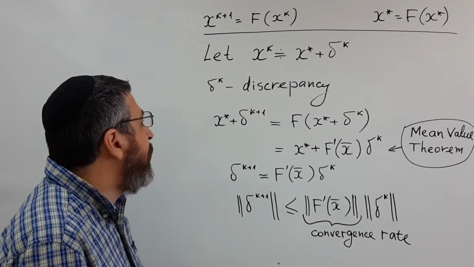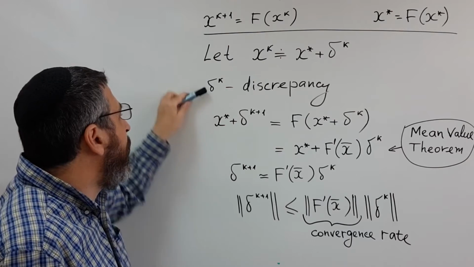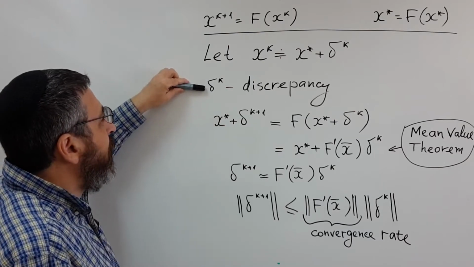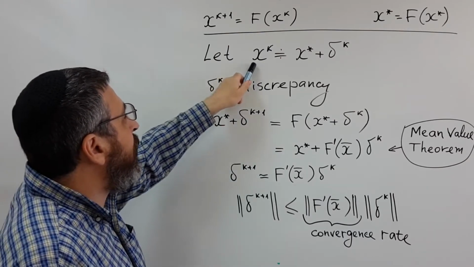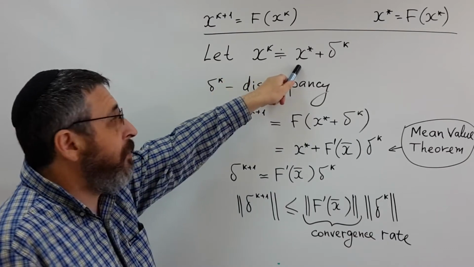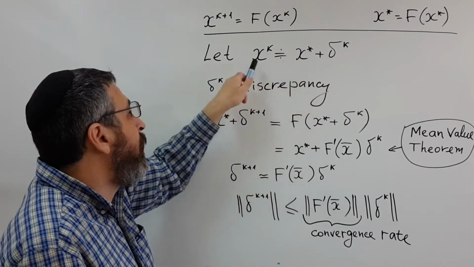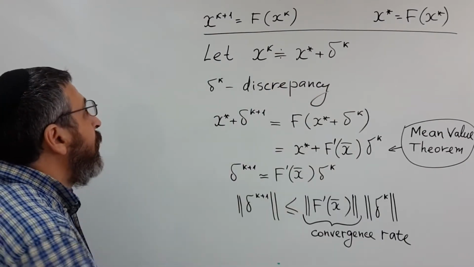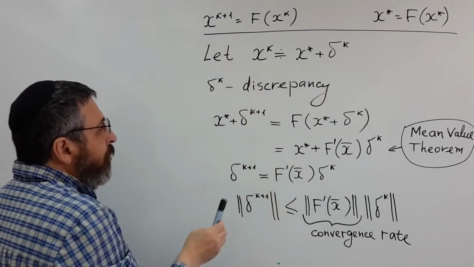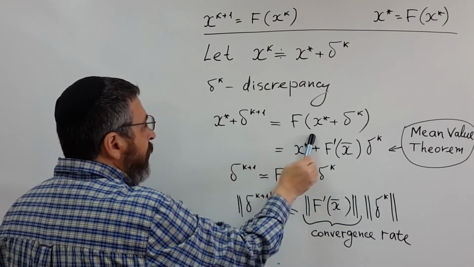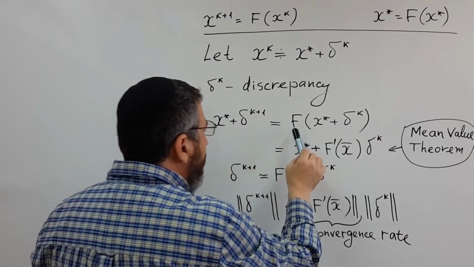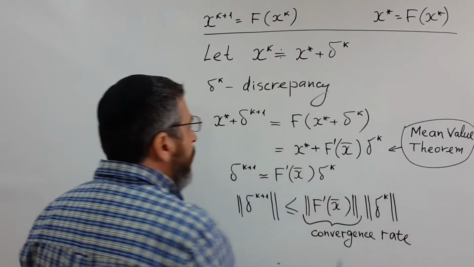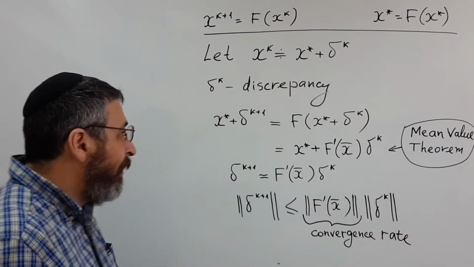For this, let's denote delta k discrepancy between x_k and the solution of our problem. So x_k is x star plus delta k. And we can rewrite our iteration in the way x star plus delta_{k+1} is equal to f of x star plus delta k.